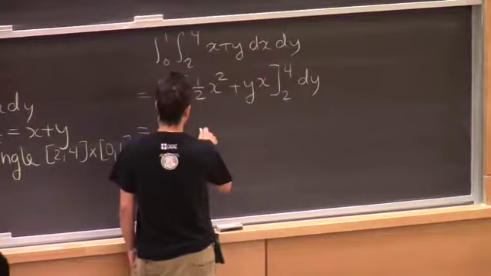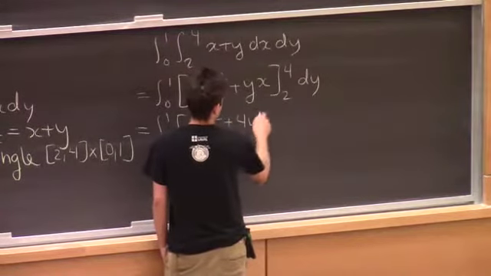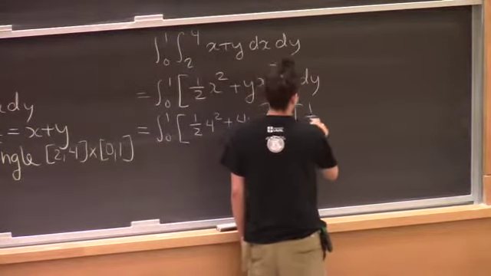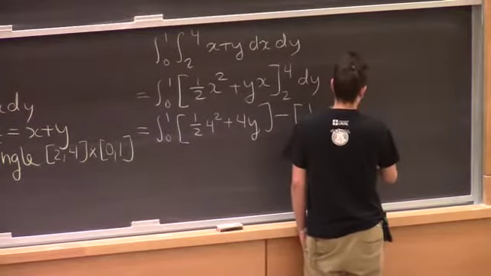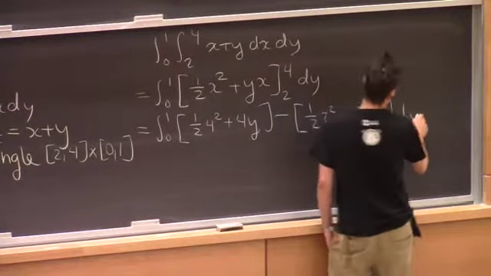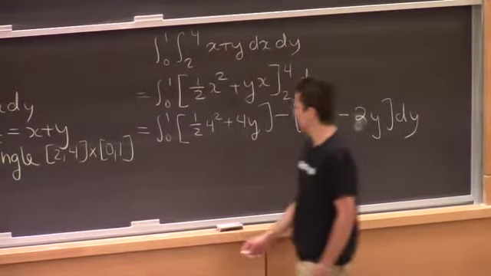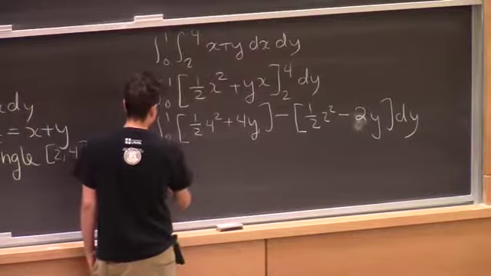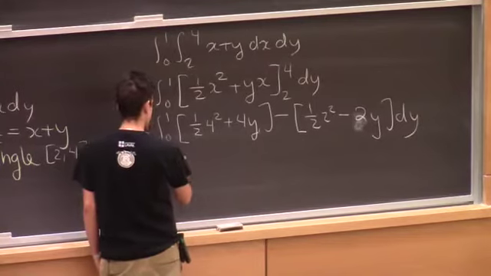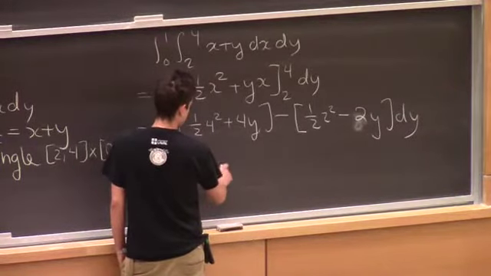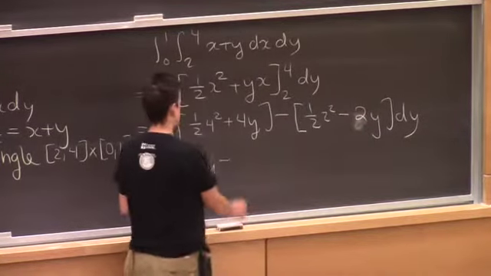And what do we get? We plug in our bounds and we get this expression here. So this 4 squared, that'll be 16, divided by 2, that'll be 8. 2 squared will be 4, divided by 2 will be 2.